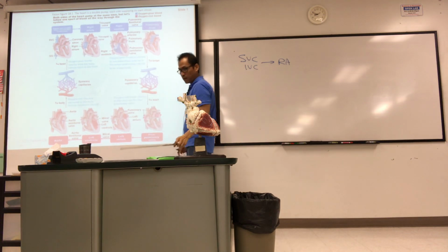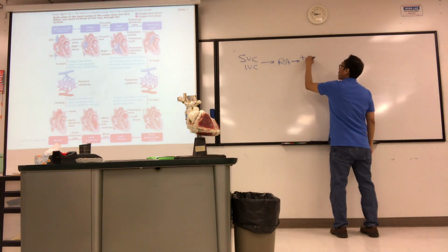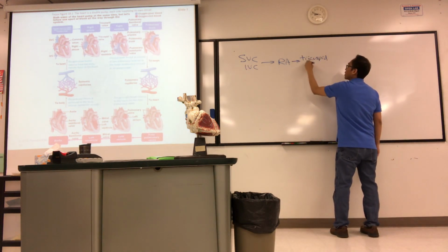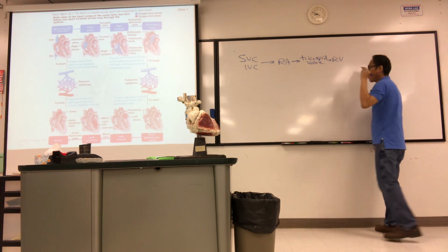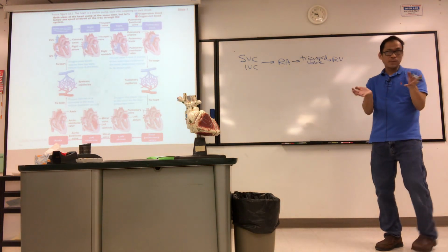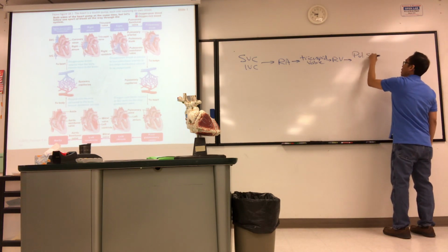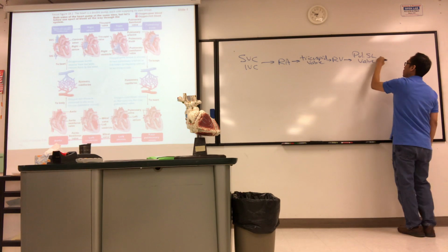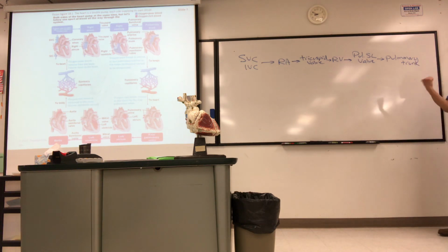It goes to the RV, and through the RV, it's pumped through an open pulmonary valve, the pulmonary SL valve, to the pulmonary trunk. You have one pulmonary trunk. It divides into two pulmonary arteries that go to each of your lungs.